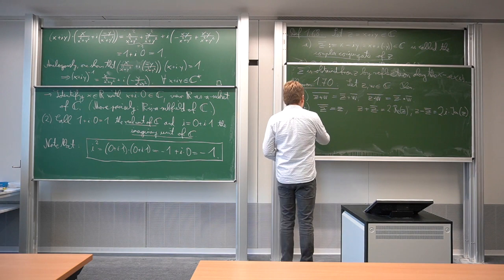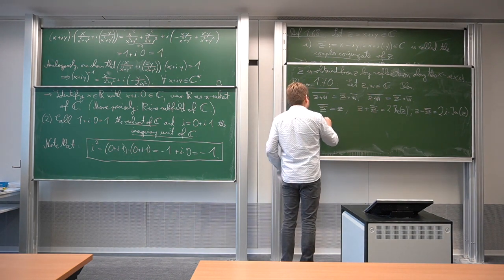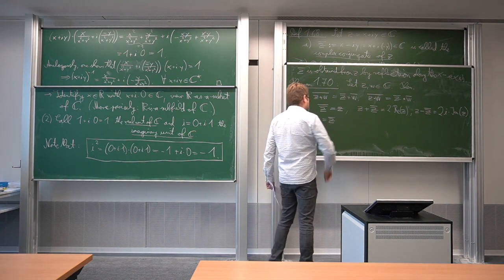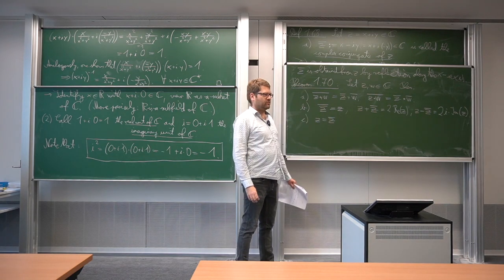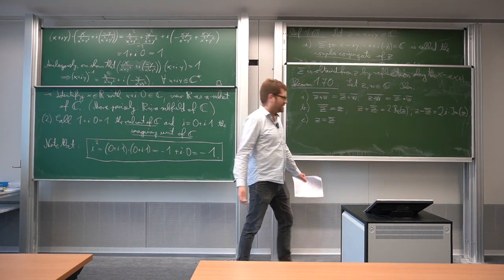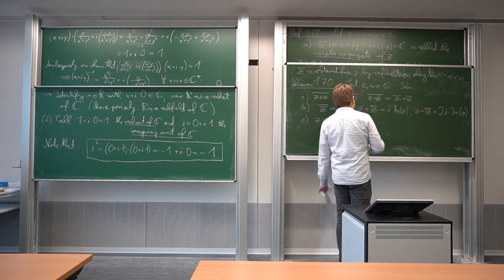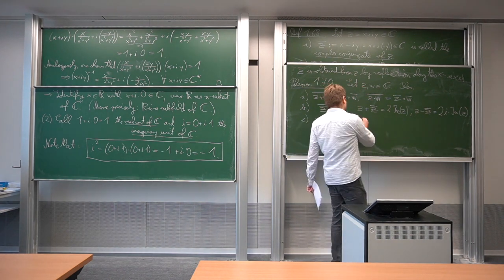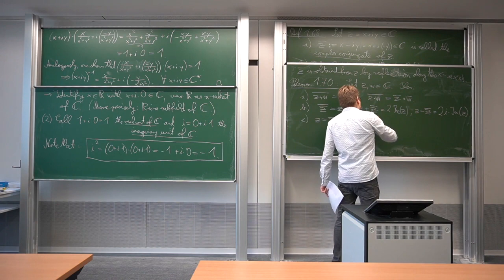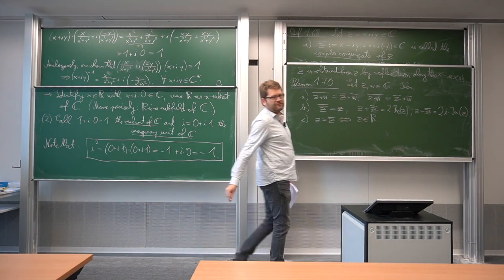Okay, another thing that's very easy to see: if z is equal to z conjugate, the imaginary part must be equal to minus the imaginary part. So of course, this is simply the case if the imaginary part is 0, and this was, by definition, our real numbers. So this holds if and only if z is in the real numbers.